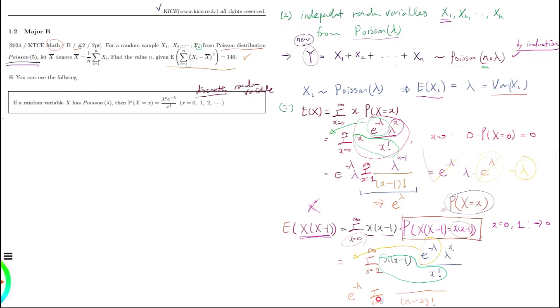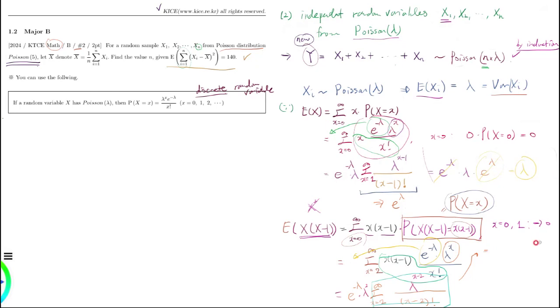Its sum takes place from x is 2 to infinity, and I will separate the lambda to the x into lambda to the x minus 2 power and square of lambda here. Okay, I had pulled out, and its sum x is from 2 to infinity.